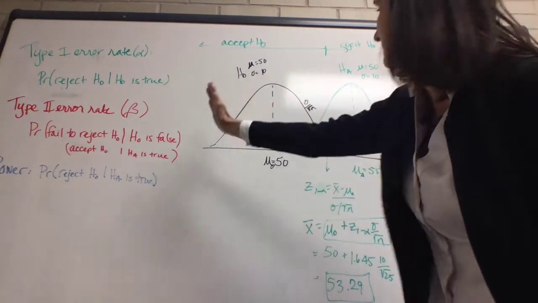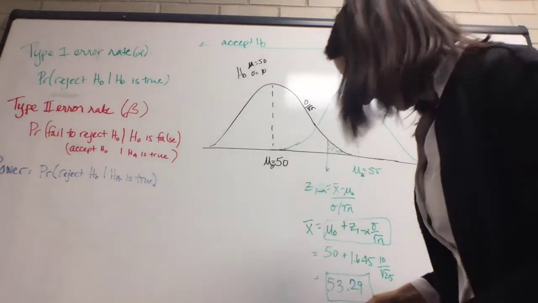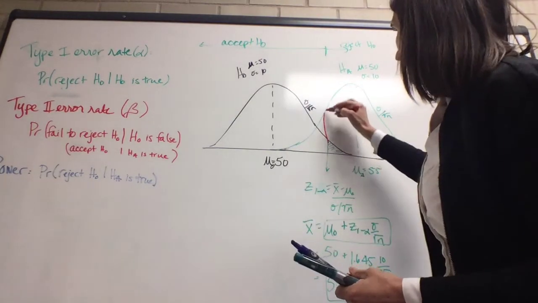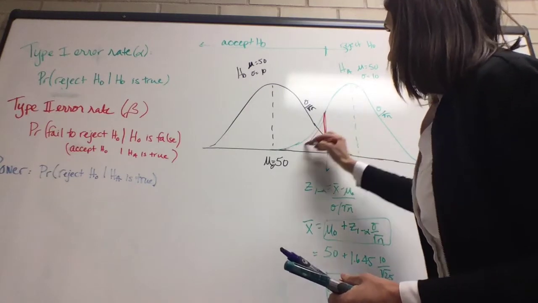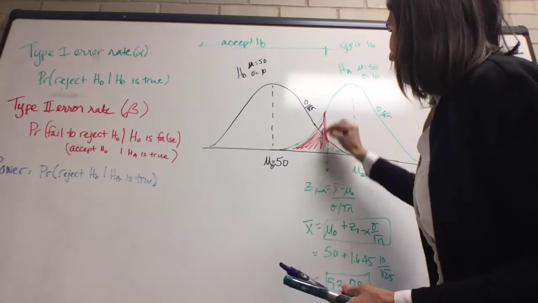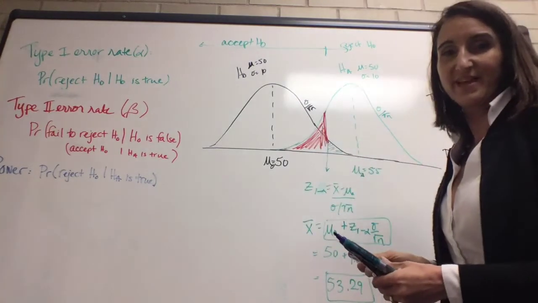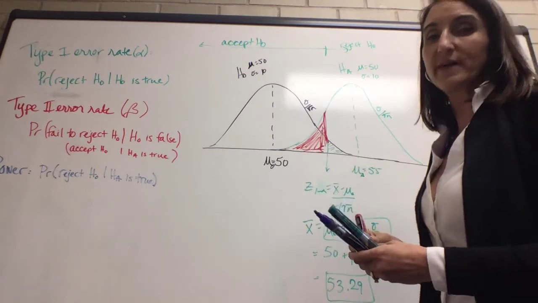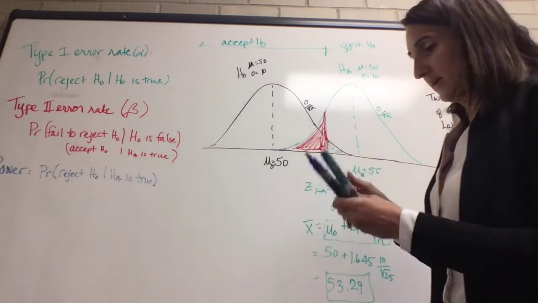So we're in this region, right? It's anything in this region right here. This is our beta error. It looks bigger than our alpha area in this case, right? That's our beta error. And so we need to quantify what this beta error is.